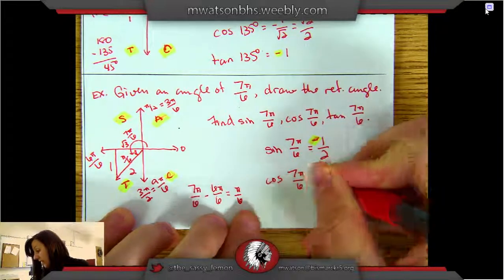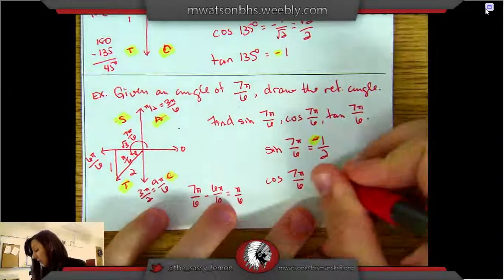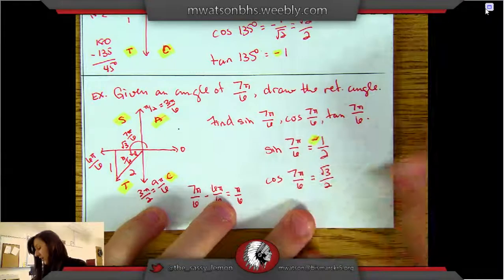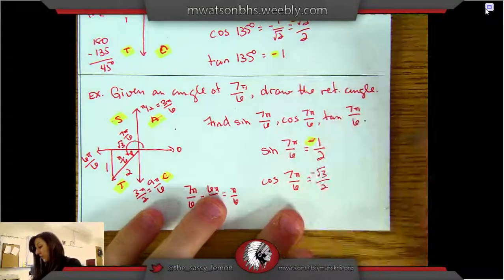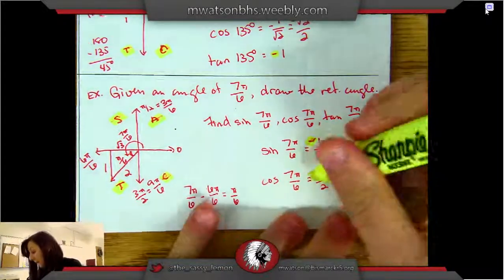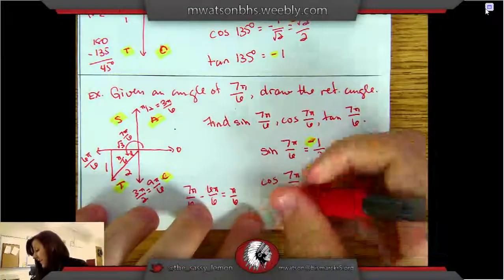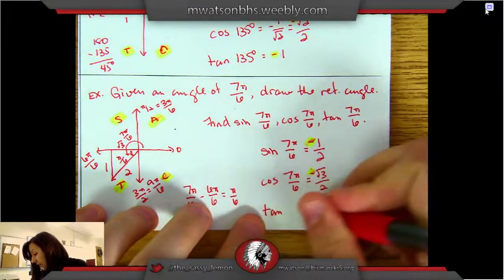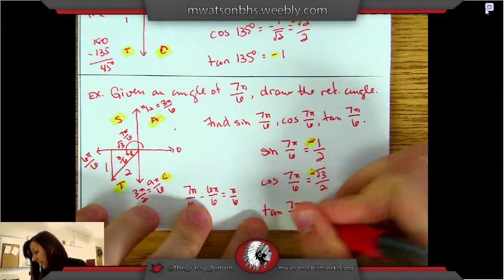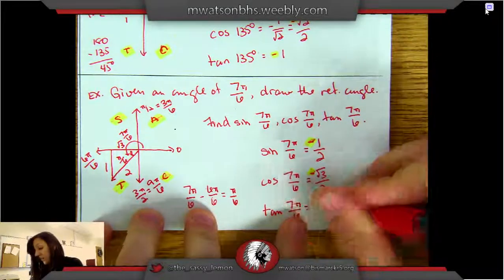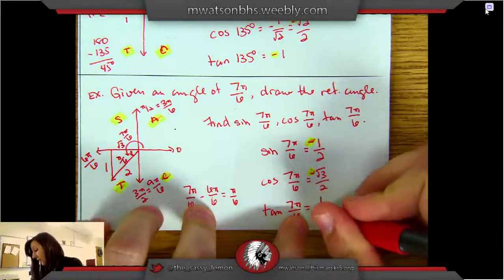Well, that's adjacent over hypotenuse, so it's going to be square root of 3 over 2. No need to rationalize, but we do need to remember that negative sign. And then lastly, tangent's going to be positive, and that's going to be opposite over adjacent, so 1 over the square root of 3.